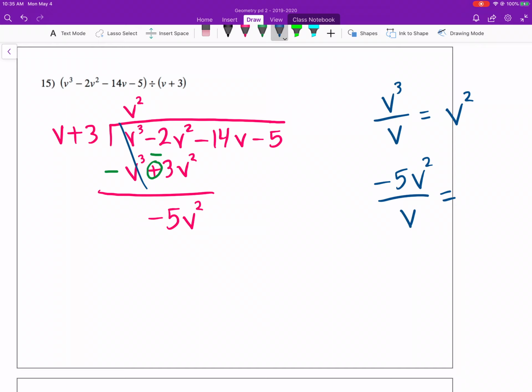Negative 5v squared divided by v ends up being negative 5v. After you divide, you throw that up top, so it's negative 5v up top. And now that value is what you end up multiplying.